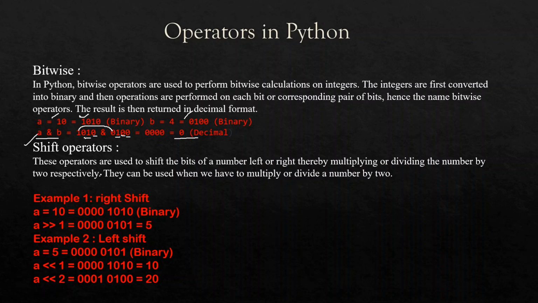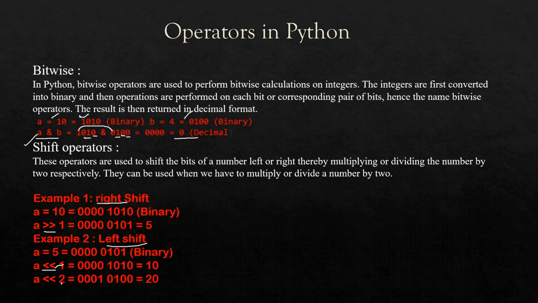Seeing the example, you will understand. There are two types of shift operator, one is right shift and the other is left shift. The symbol of right shift is double greater than sign, and left shift is double less than sign.